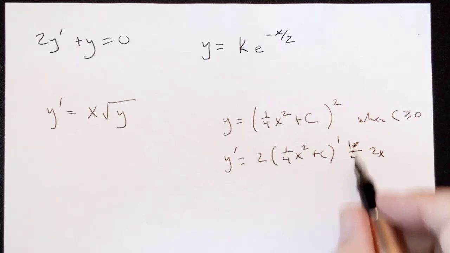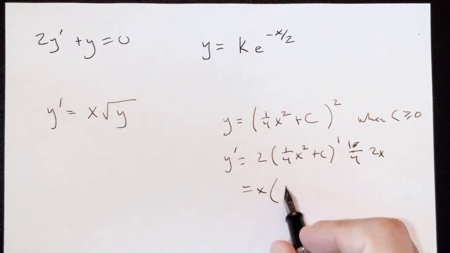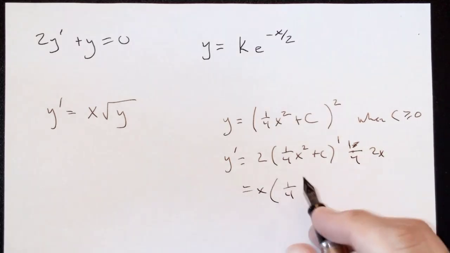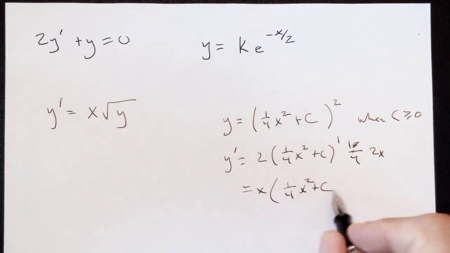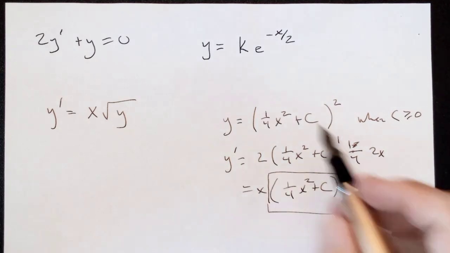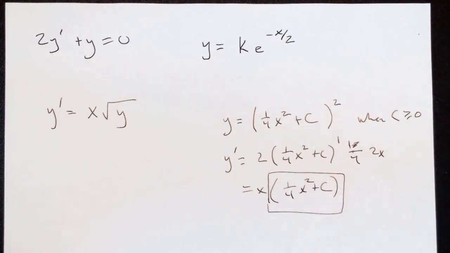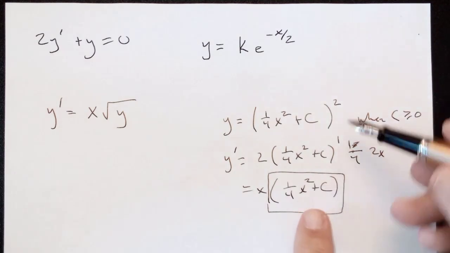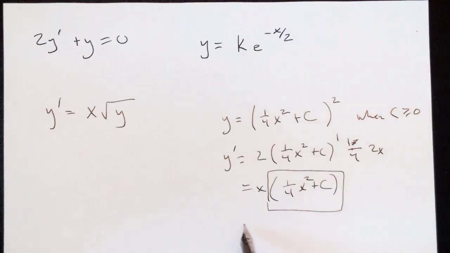Well, wait a minute, 2. So I get an x times (1/4 x squared plus c) to the first. Well, wait a minute, this expression is the square root of this one, isn't it? So this is x square root y, exactly like I wanted. It satisfies our differential equation.